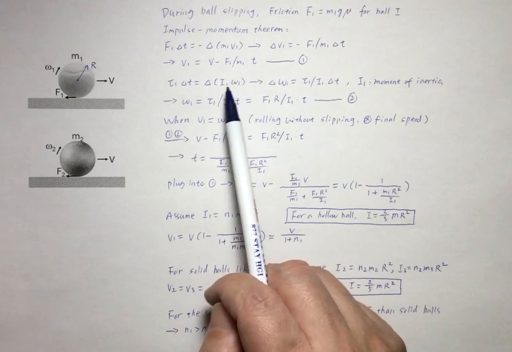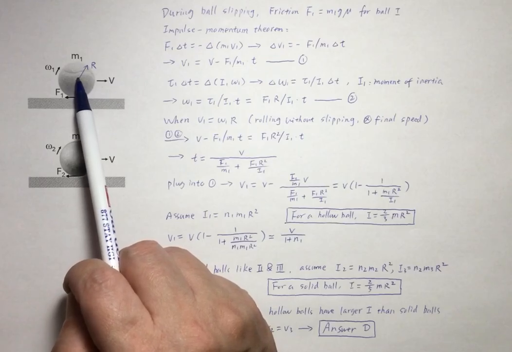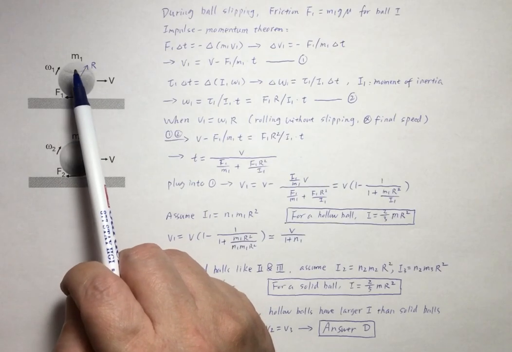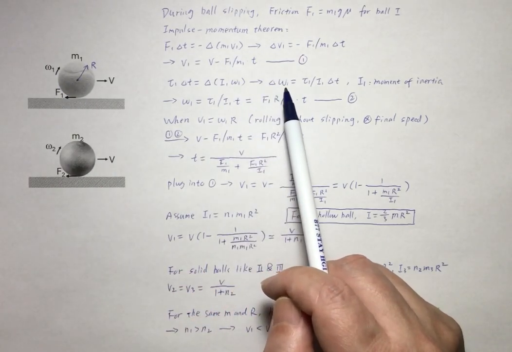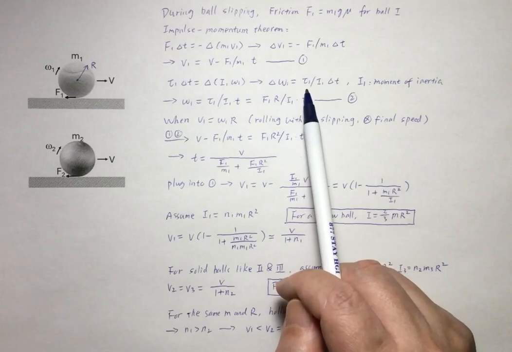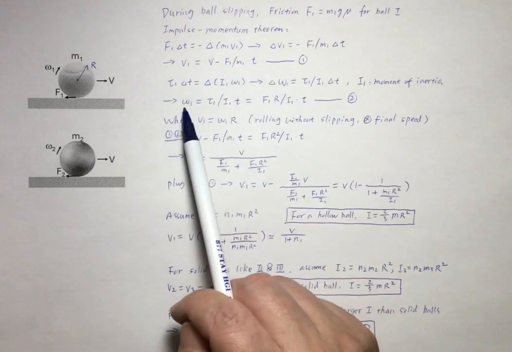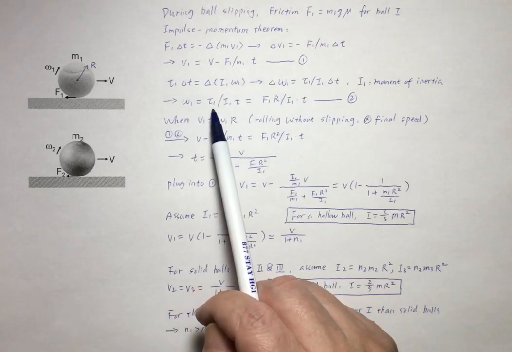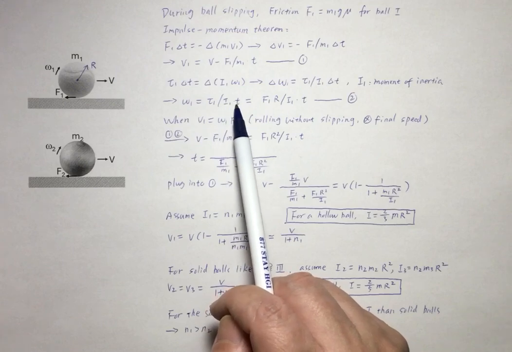I is the moment of inertia, relative to a rotating axis going through the center of the tennis ball. So delta omega 1 equals tau 1 over I1 delta t. Then we have omega 1 equals tau 1 over I1 times t.